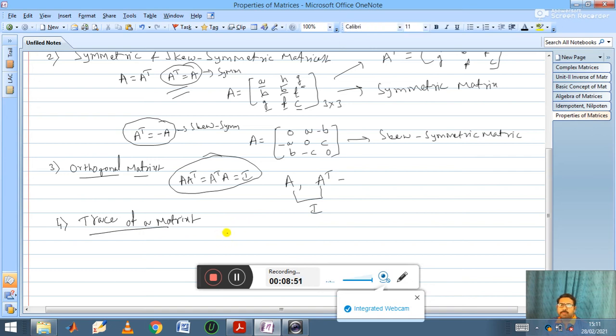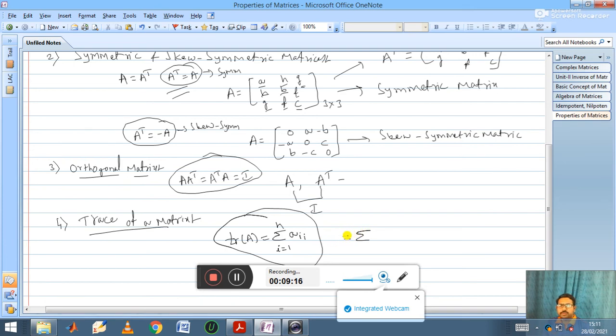The trace of a matrix is represented by tr(A) equals the sum of a_ii, i equals 1 to n. This is the mathematical notation. If you expand the sigma sign, it runs from i equals 1 to n.